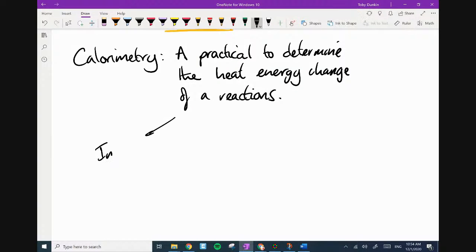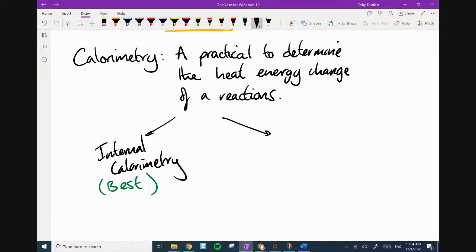There is internal calorimetry, and this is the better of the 2. Yeah, internal calorimetry. I'm going to put underneath it best. And then we have external calorimetry. And the reason why you've got to subdivide these, now you're not going to find any writing about these being subdivided.